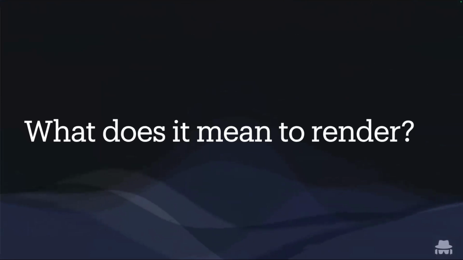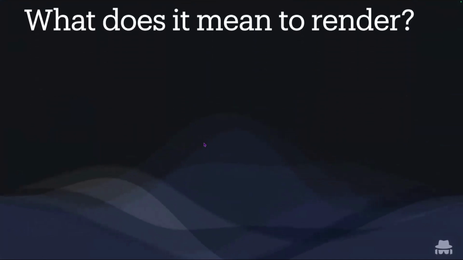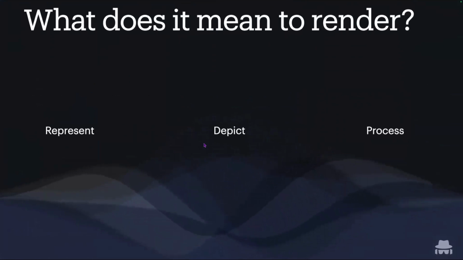When I was doing this, I was thinking, what does it mean to render? There were quite a few definitions when I looked up render. One of which was to represent, another was to depict, and another was to process.